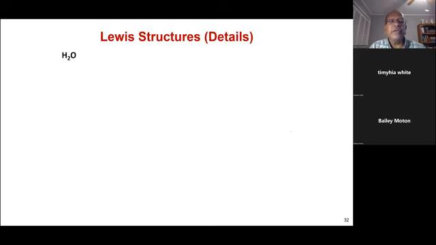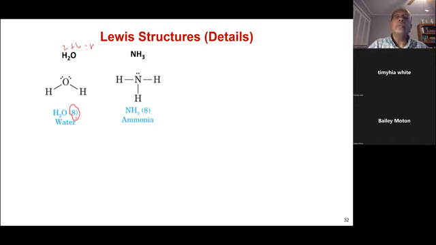Now we're going to look into detail. Water: there are octet 8 electrons. 2 from here, 6 from here, added up to 8. So this is the water Lewis structure. Ammonia is also 8: 5 valence electrons, 5 plus 3 is 8. That's how you get it.